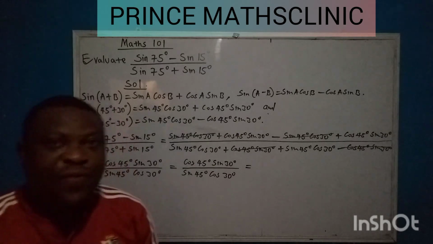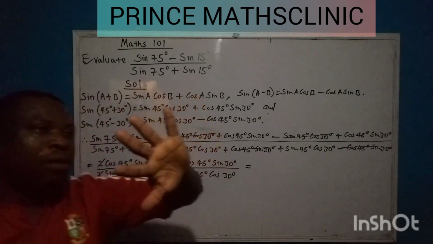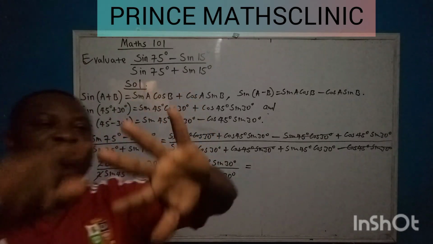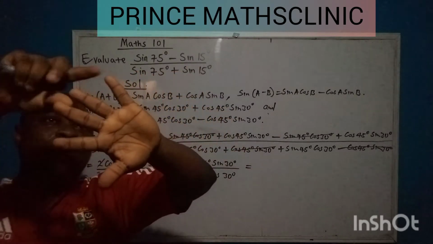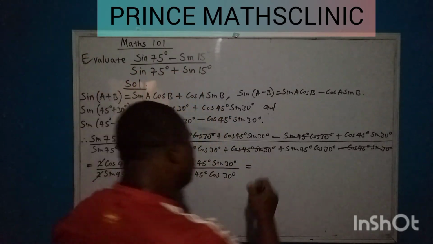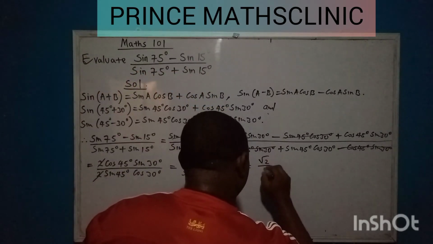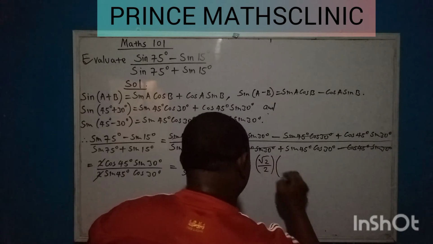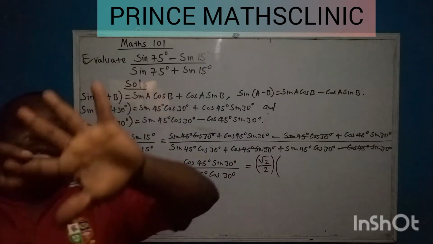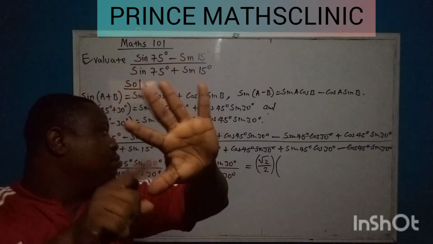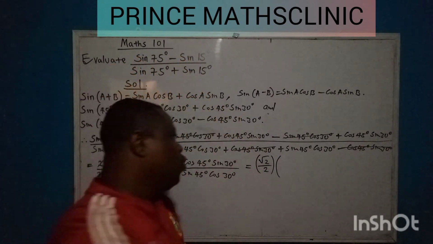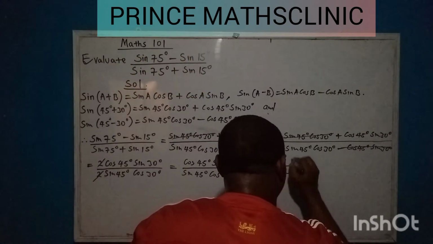Now back to our fingers. Cosine 45, this is 45. Cosine is square root of fingers above, which is root 2 over 2. Sine 30, this is 30 degrees. Sine means what? Square root of fingers above, which will give us 1 over root 2.